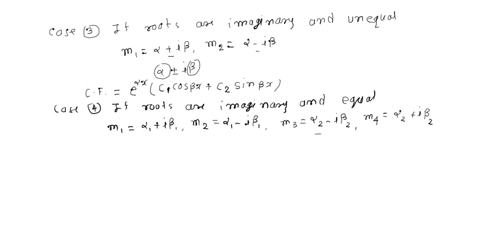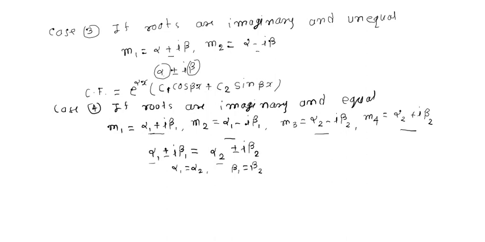These two roots are complex conjugates and these two roots are complex conjugates. So we can write these roots as alpha 1 plus or minus i beta 1, and another alpha 2 plus or minus i beta 2, and these both are equal. Then by comparing alpha 1 and alpha 2, the real parts, alpha 1 equals alpha 2, and another beta 1 equals beta 2, so these are the imaginary parts.